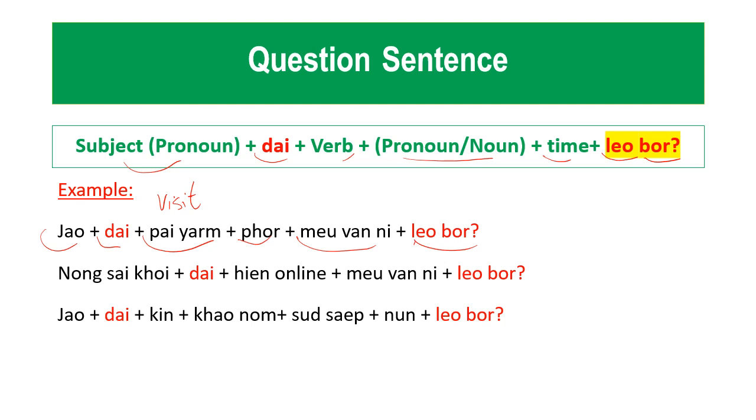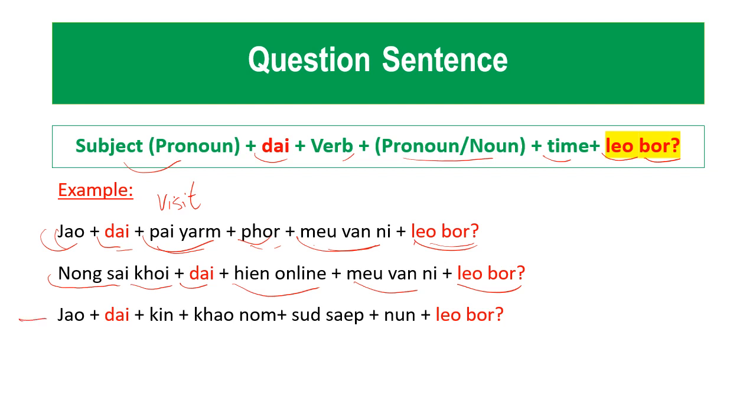So did you visit dad yesterday or not? เจ้าได้ไปยามพ่อเมื่อวานนี้แล้วบ่. น้องสายค่อย, my younger brother, ได้เรียนออนไลน์เมื่อวานนี้แล้วบ่. So did my brother get to study online yesterday?